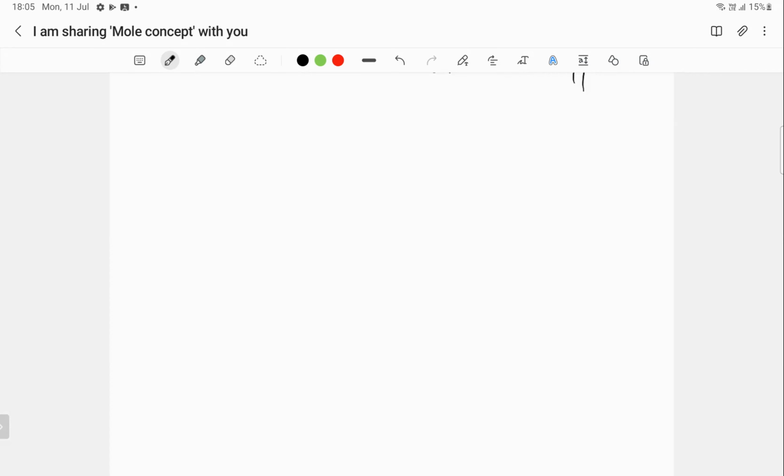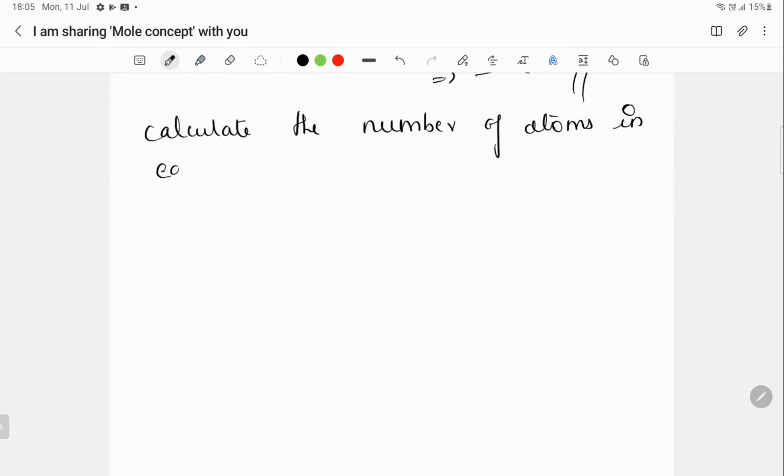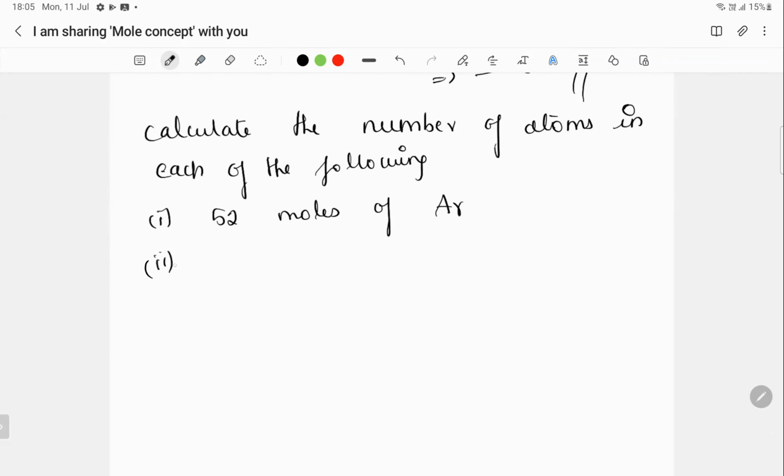This question, next one. Calculate the number of atoms in each of the following: 52 moles of Ar (argon), 52 u (u is atomic mass unit) of helium.